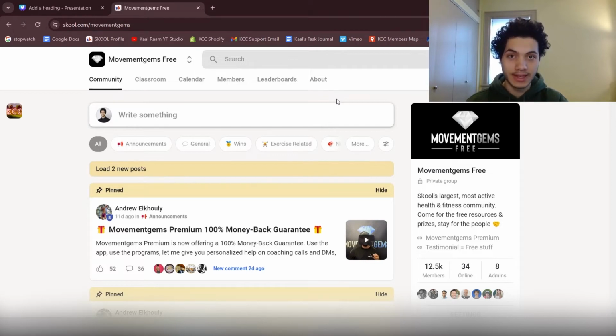It's looking for the exact word or words, which makes it very difficult to use if you're writing a long sequence. So where I've seen success in the Skool.com search bar is if you look up a single word. And that's why we need to learn what a truncated word is. This particular Movement Gems community, for context, is an exercise related community, so we'll be looking up something exercise related.